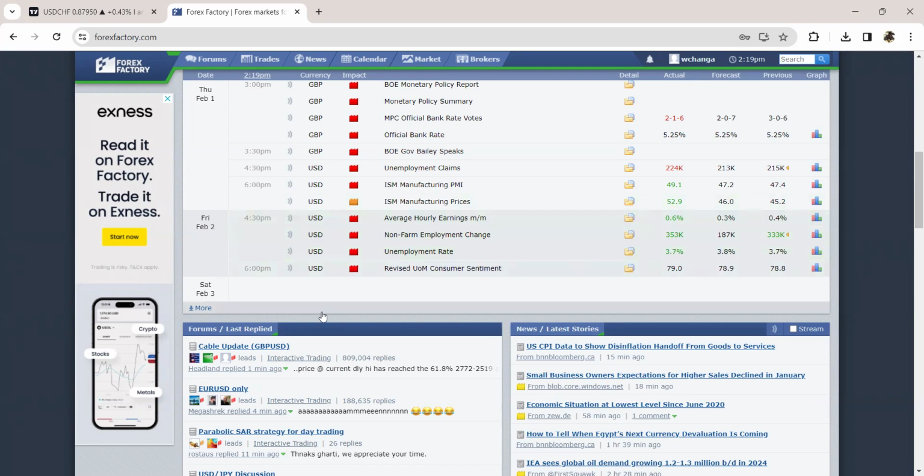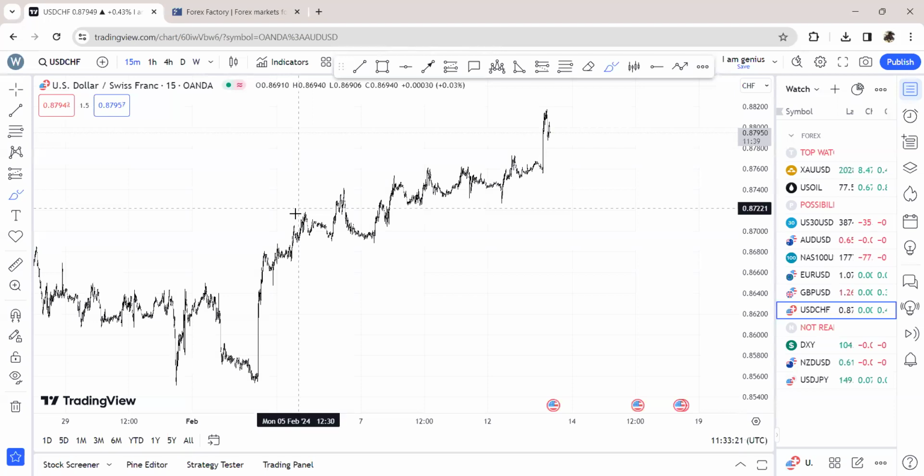So on Friday, this black thing here down shows the date and the time as well. Date and time. So Friday 2nd at 4:30.